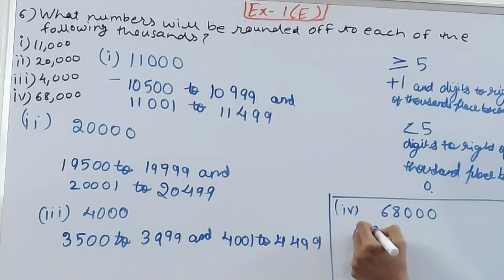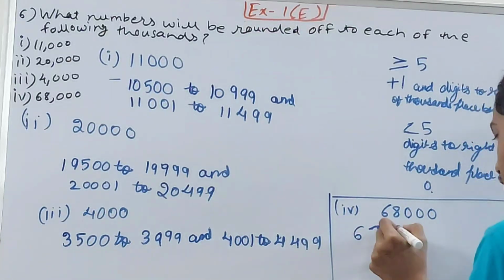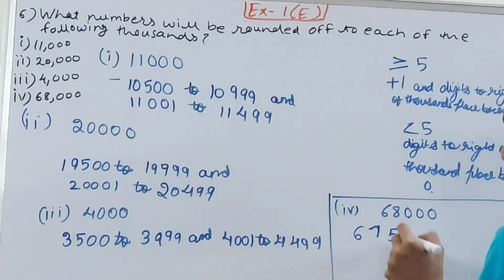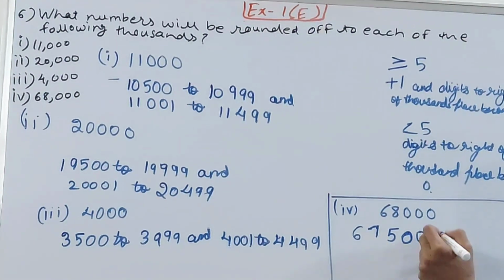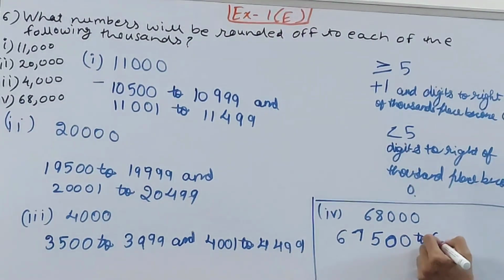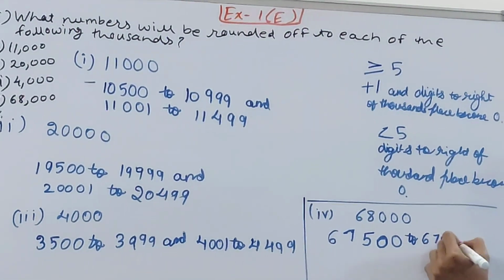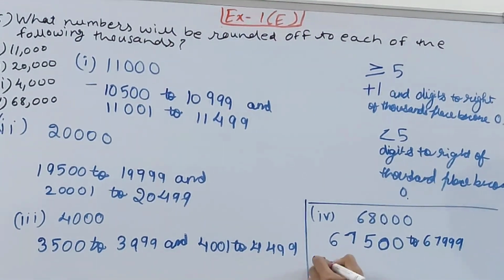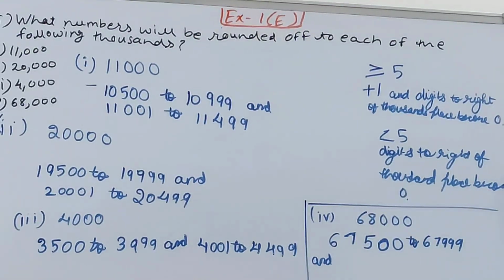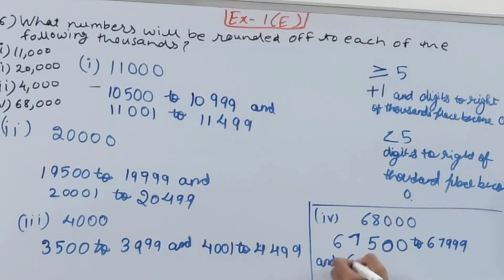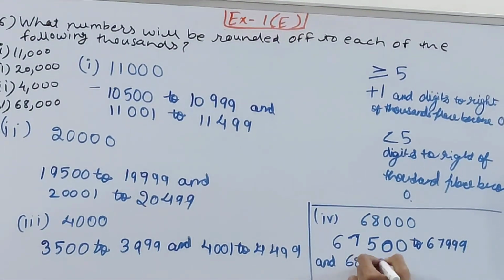So you'll have 67,000, because if you go less than 68 you get 67, and the digit at the hundreds place 5, and the rest of the number 00, right, like we have done in every part. 67,999, and now numbers more than 68,000, so the first number will be 68,001.